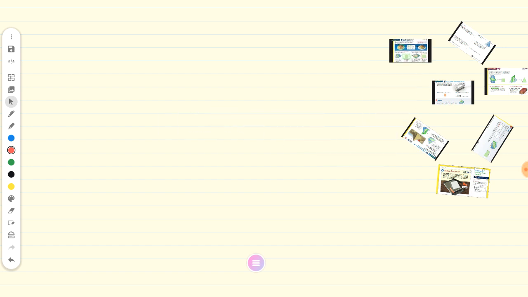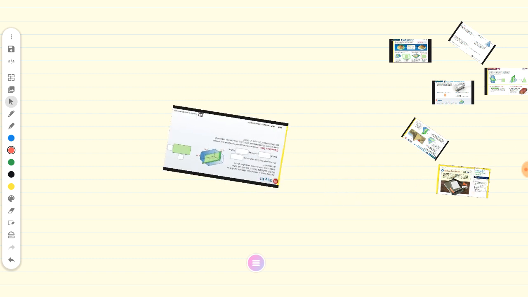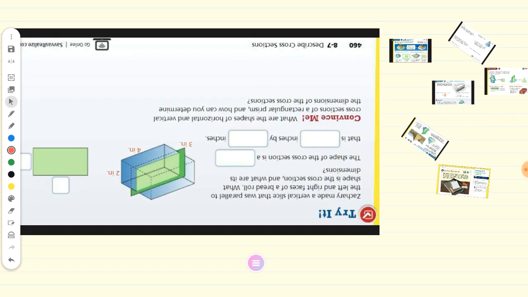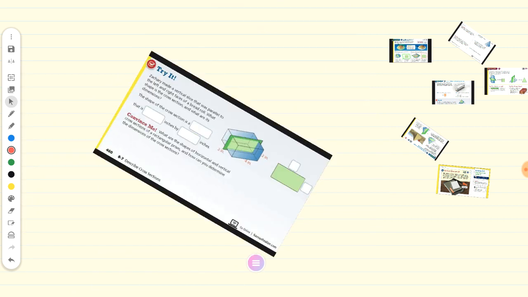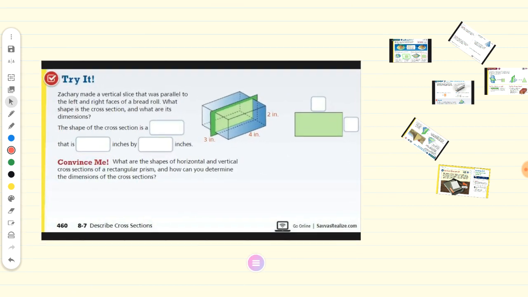Next, an example like this. Zachary made a vertical slice that was parallel to the left and right faces of a bread roll. So left and right, this face and this face.